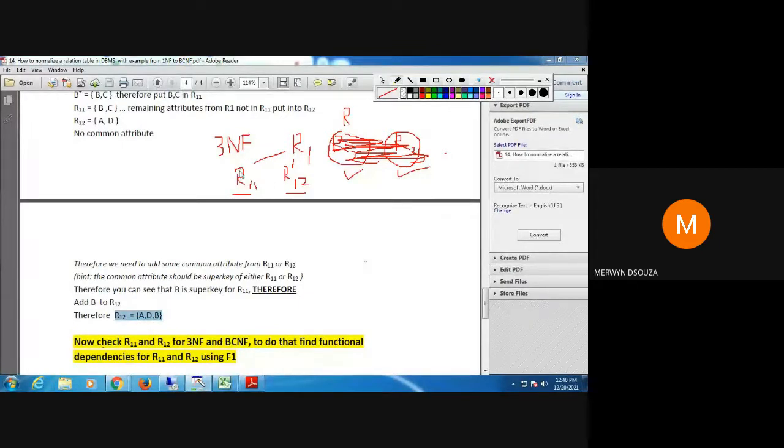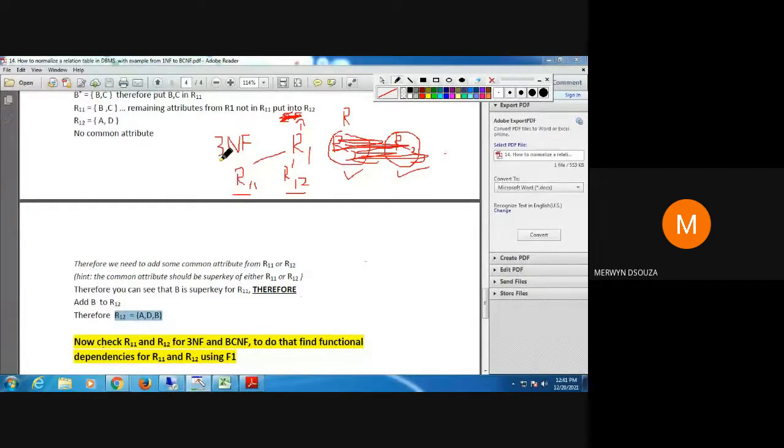We have already found that R1 is in second normal form. There is no partial dependency. So there is no need to check whether R11 and R12 are in second normal form, because R1 is already in second normal form.